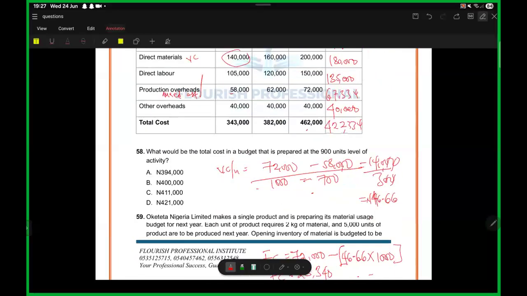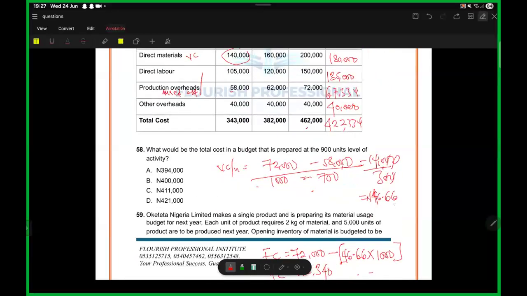Okay, so here, because of the running decimals, we are not going to get the answer exactly, but the answer is equivalent to D, which is 421,000. Provided you use all the decimals on your calculator, then you should get D.